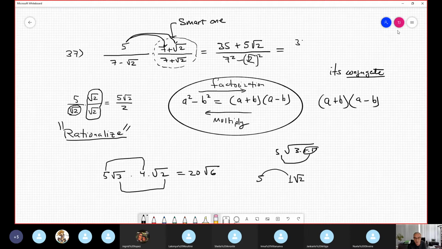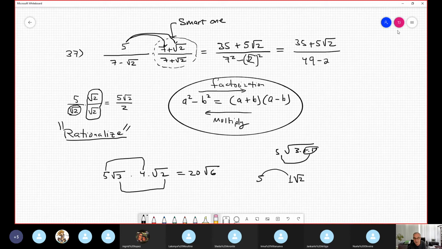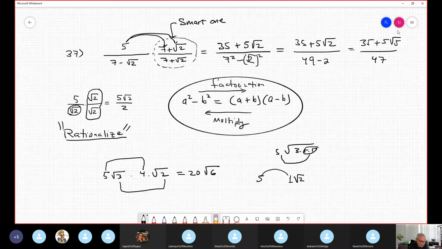Of course, 35 plus 5 radical 2. Let me erase this part. And we have 49, which is 7 times 7, minus 2, which is 47. So 35 plus 5 radical 2 over 47, and this is option C, I guess.